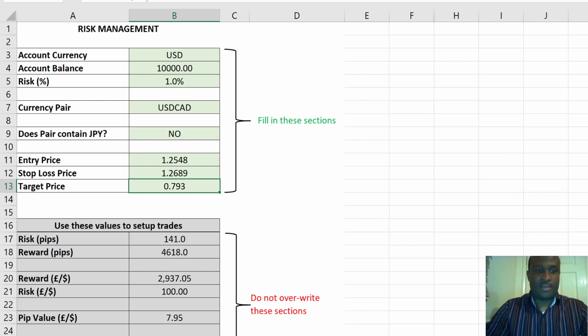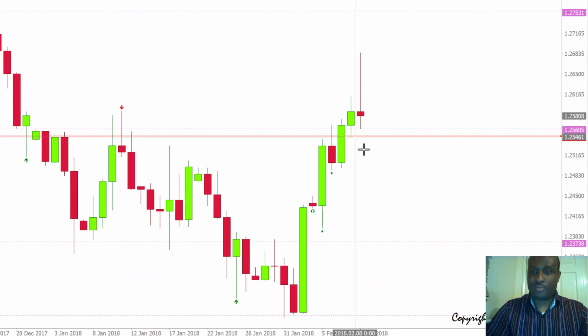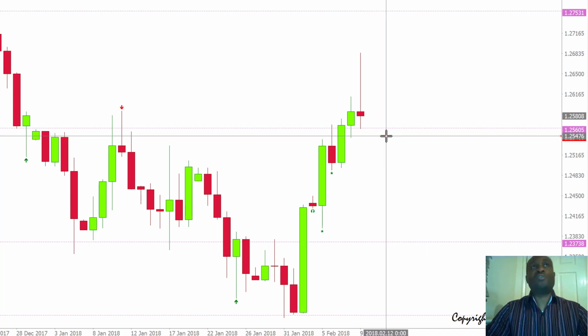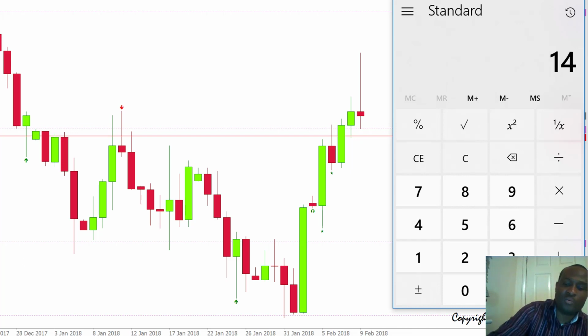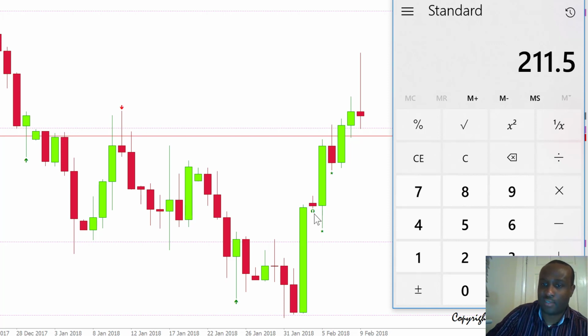Then for the target price, we want to make it at least one to 1.5. From here it is 141 pips, and 141 times 1.5 gives me 211.